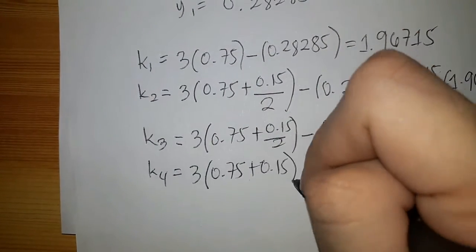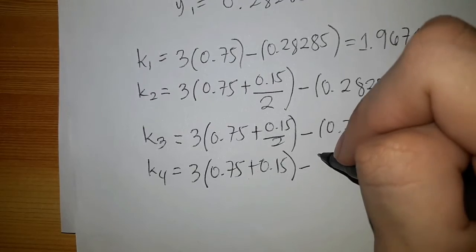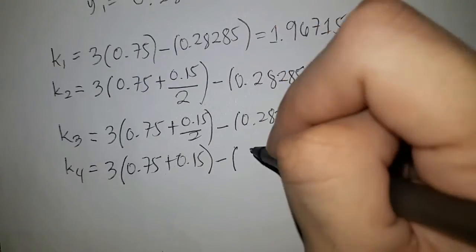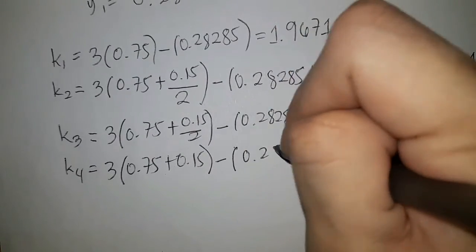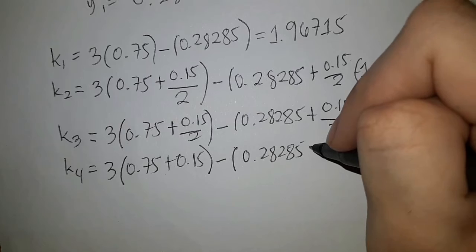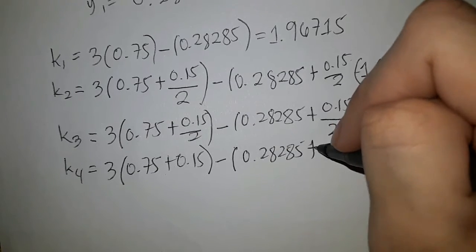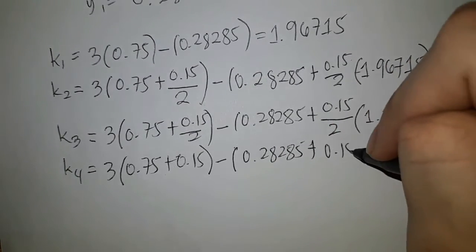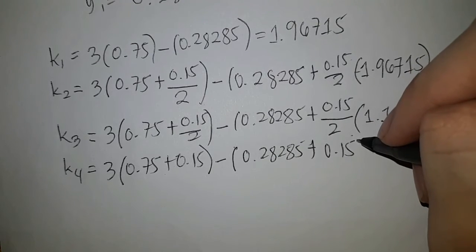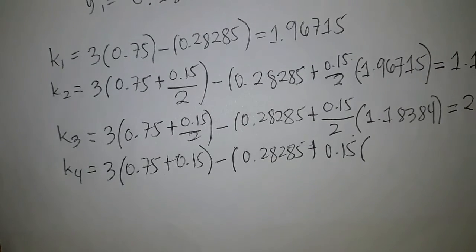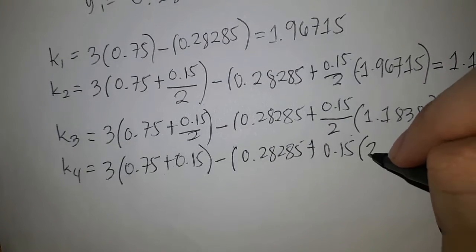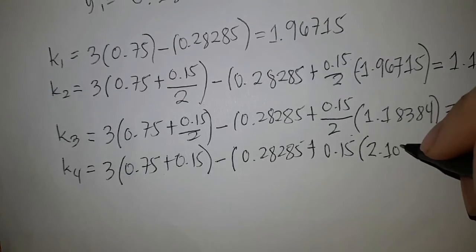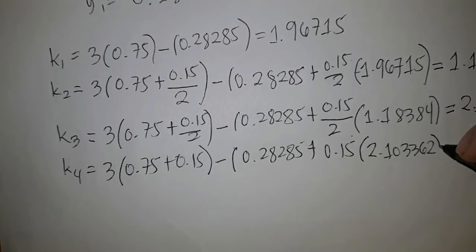So let's proceed to k4, which is equal to 3 times 0.75 plus 0.15, minus the value of y1, which is equal to 0.28285, plus the step size, which is 0.15, times the value of k3, which is 2.103362.